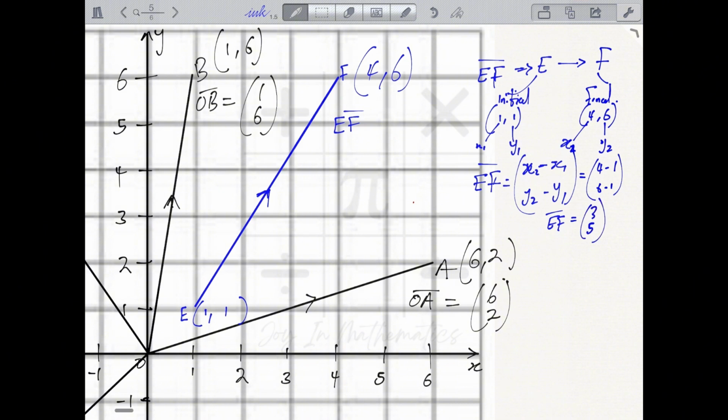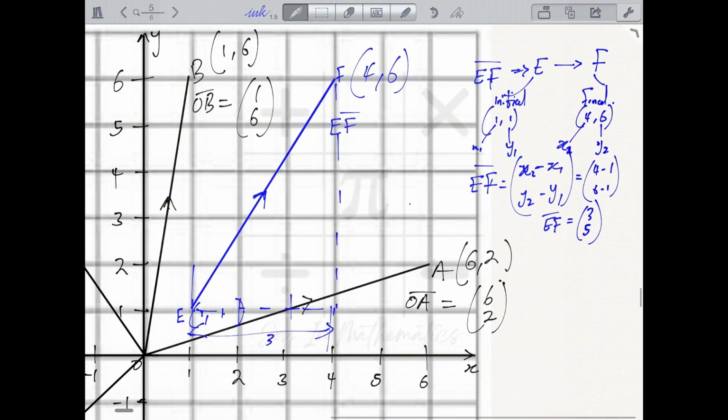Now we can compare this and say that instead of going through that stress, we'll just count how many boxes on the x-axis. On the x-axis we have 3 boxes, 1, 2, 3, and on the y-axis we have 5, 1, 2, 3, 4, 5.